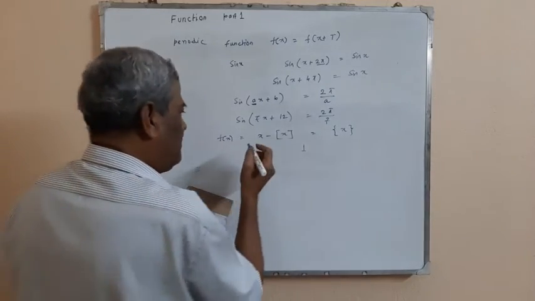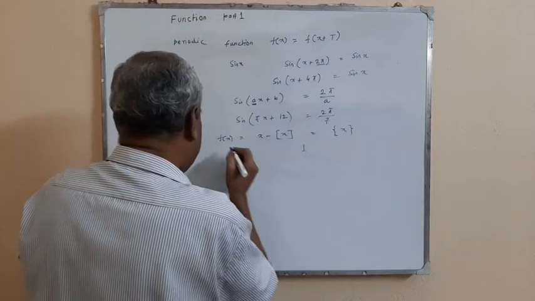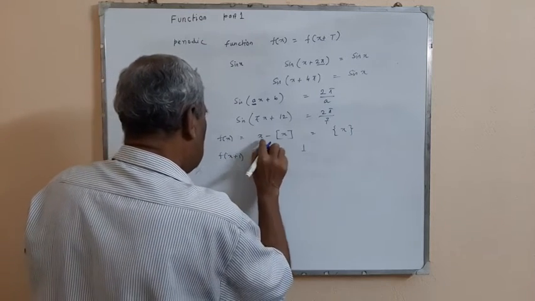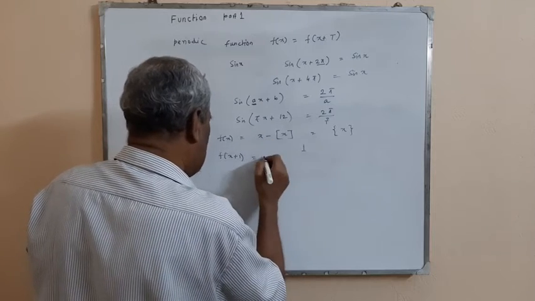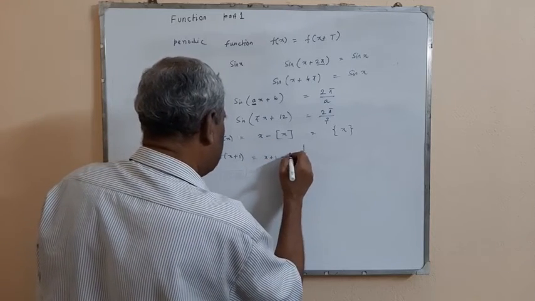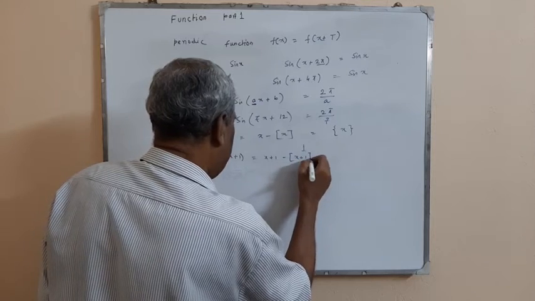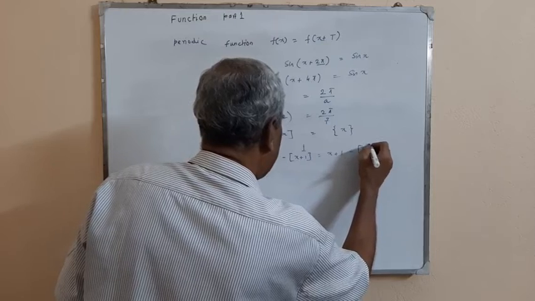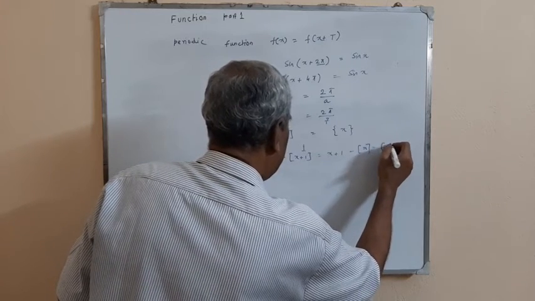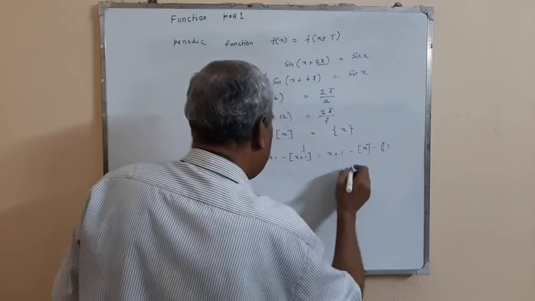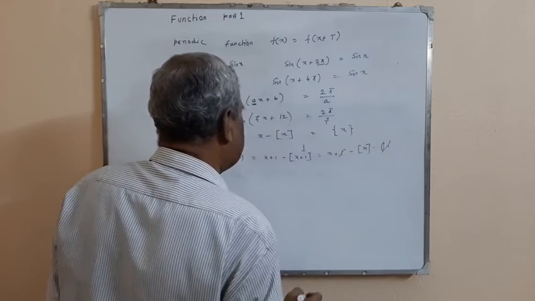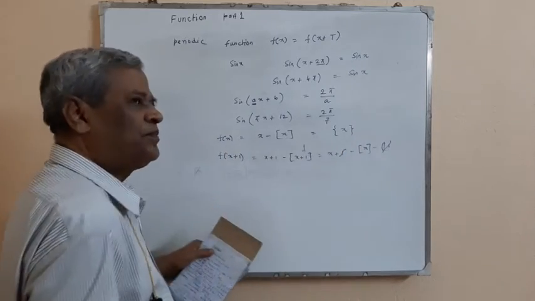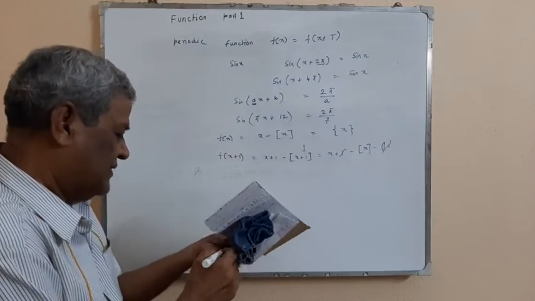Because if we replace x by x + 1, f(x + 1) is equal to x + 1 - [x + 1], which is x + 1 - [x] - 1. [1] means 1, so that 1 and this 1 cancel. So x - [x] is equal to the decimal part of x.